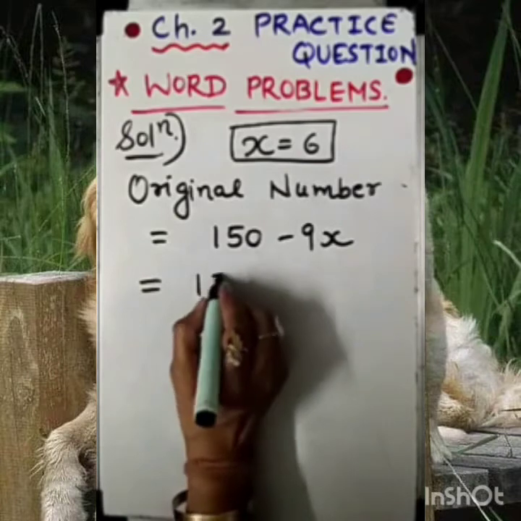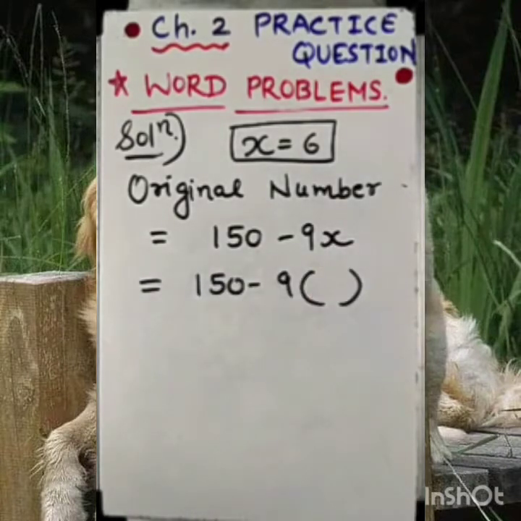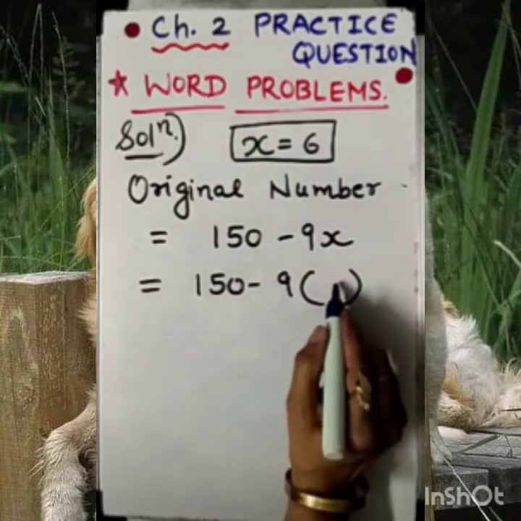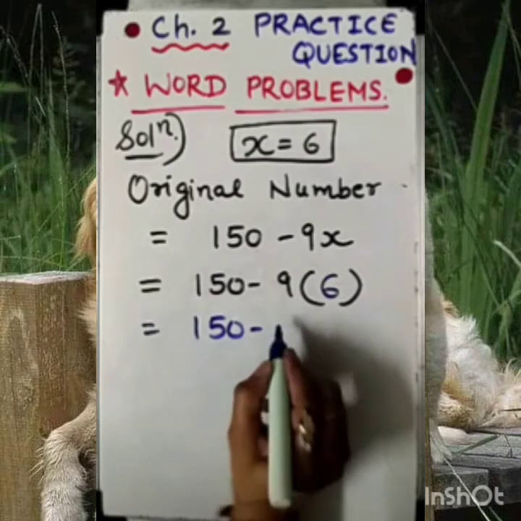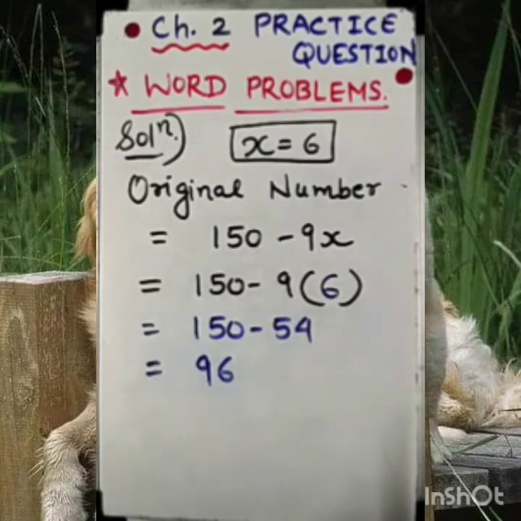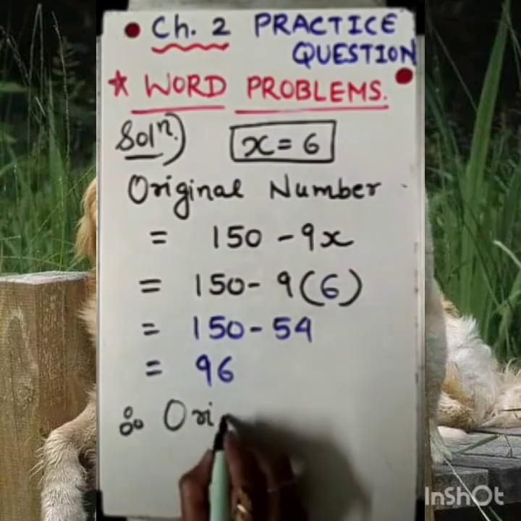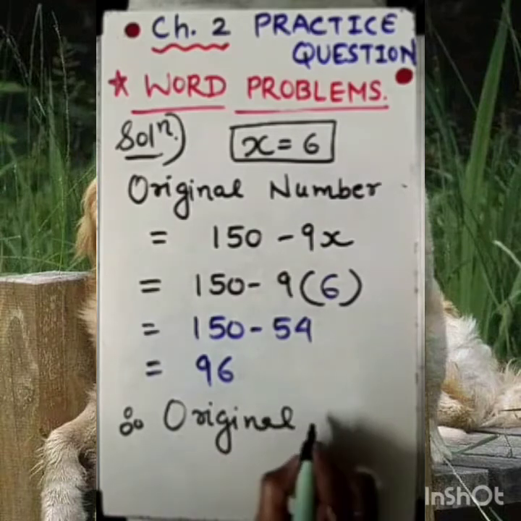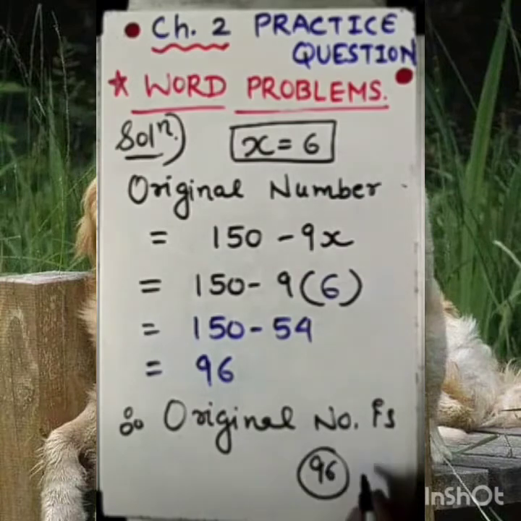So in that I am going to substitute the value of x equal to 6 over here. 9 6s are 54. 150 minus 54 gives the result 96. So my dear student, the original number is 96. This is the complete solution of this workbook question.